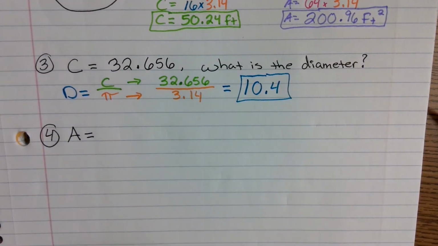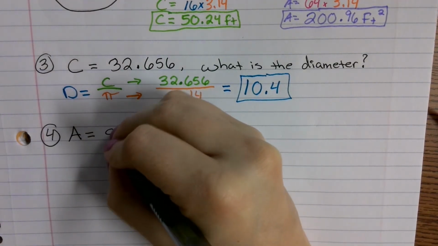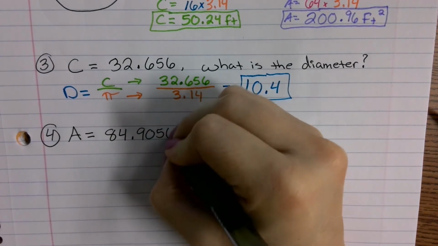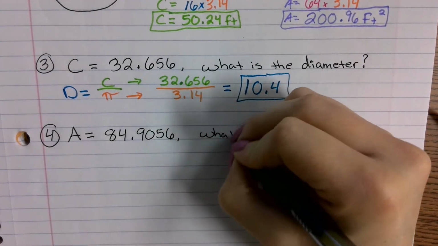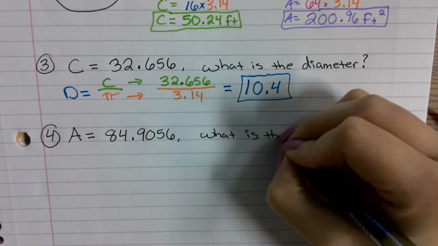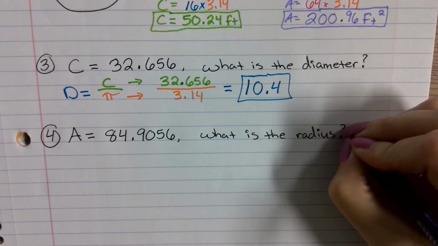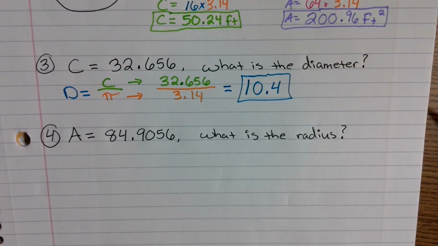Yeah, I'm going to show you right now. If I said the area was 84.9056, and I want to know the radius.